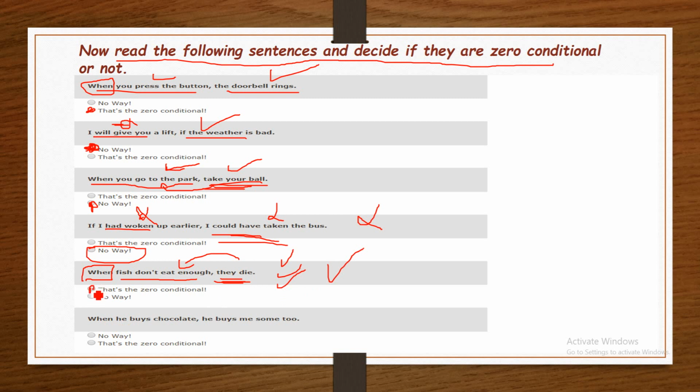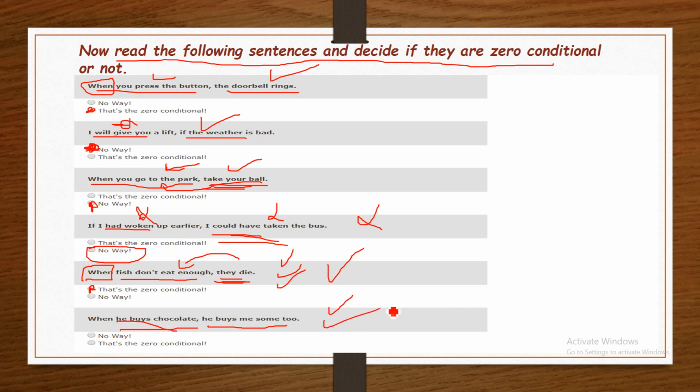When he buys chocolate, he buys me some too. Both are in present simple.